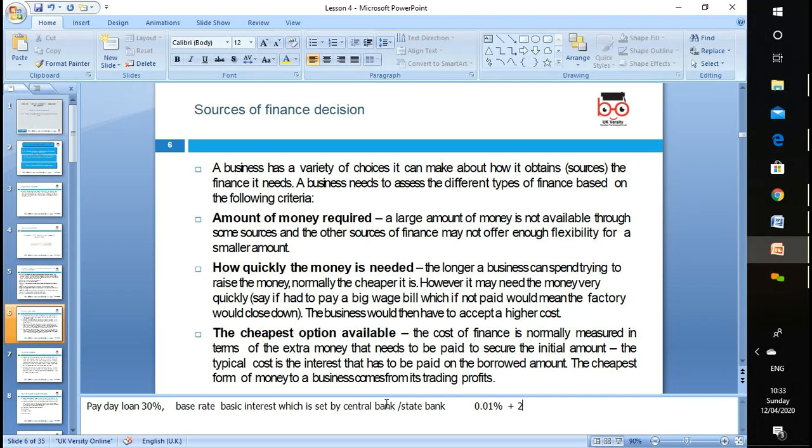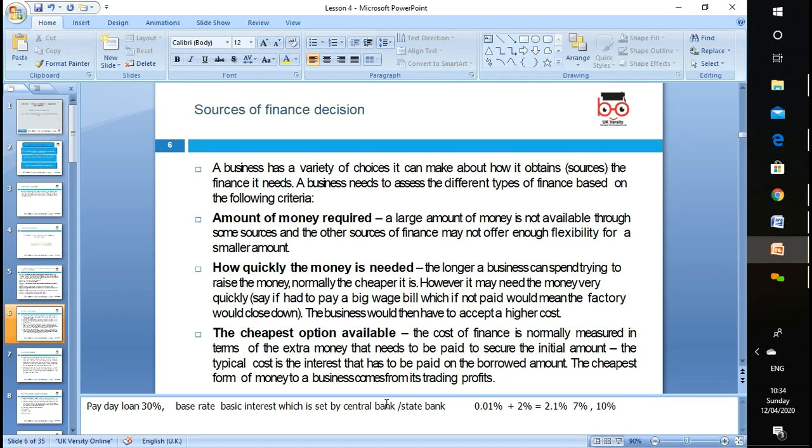If you borrow from the bank, maybe the bank will add their fees of 2%, so the bank can give you around 2.1%. You need to make sure to measure the cost. If your credit scoring is poor, maybe the bank charges you 7%, or 10%.